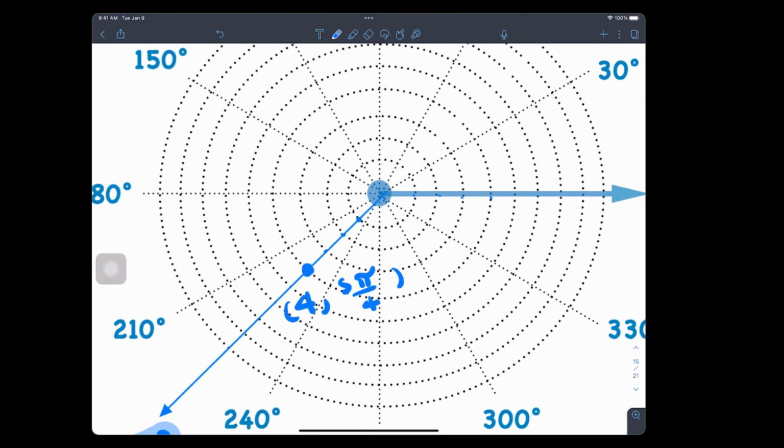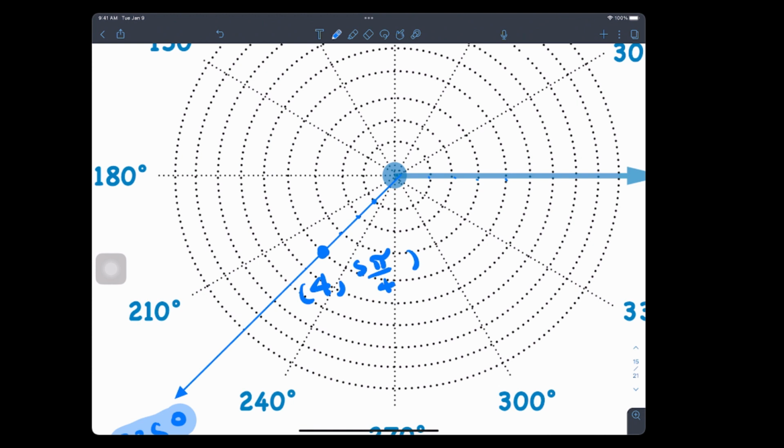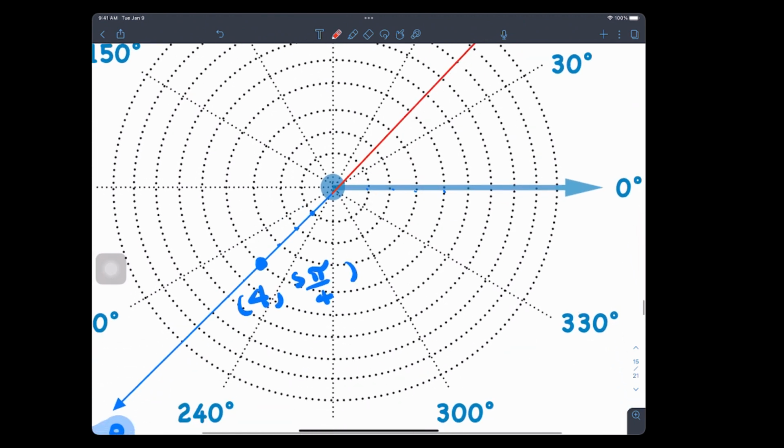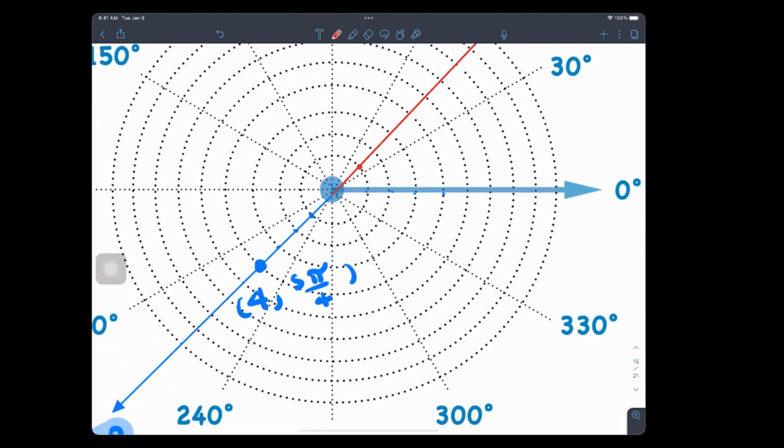Could you guys find what's opposite this pole? Okay. Let me draw it a little better. One, 2, 3, 4.